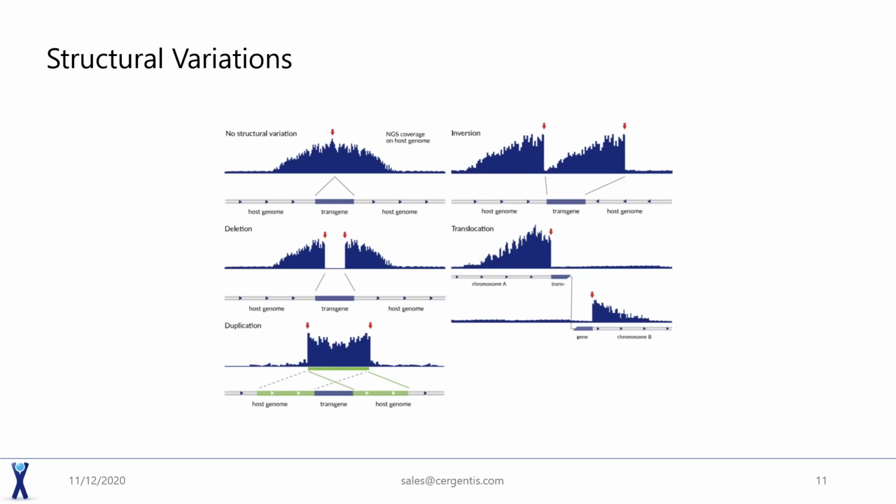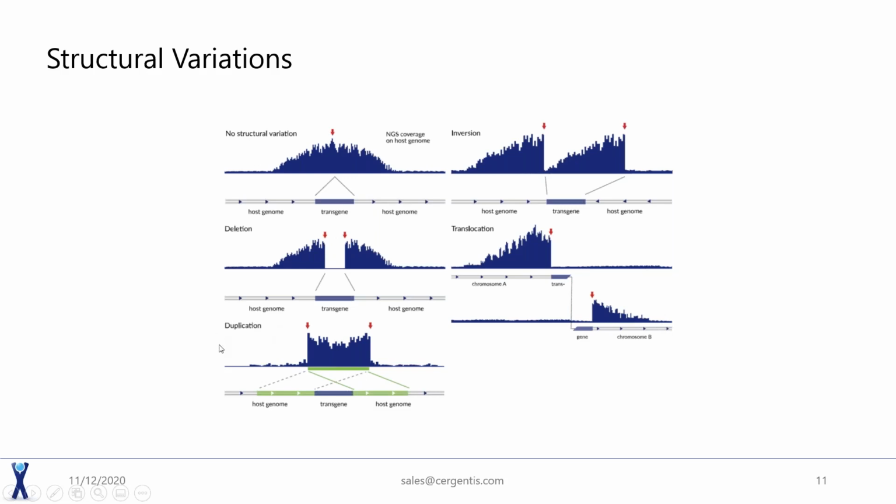So in case you're confronted with a deletion, duplication, inversion, or translocation, these are the type of aberrant coverage profile that we would expect to pick up in our analysis. So just to elaborate a little bit further on what you're looking at, in case you're dealing with a deletion, then we would expect to see a gap in the generated coverage following integration of the transgene.